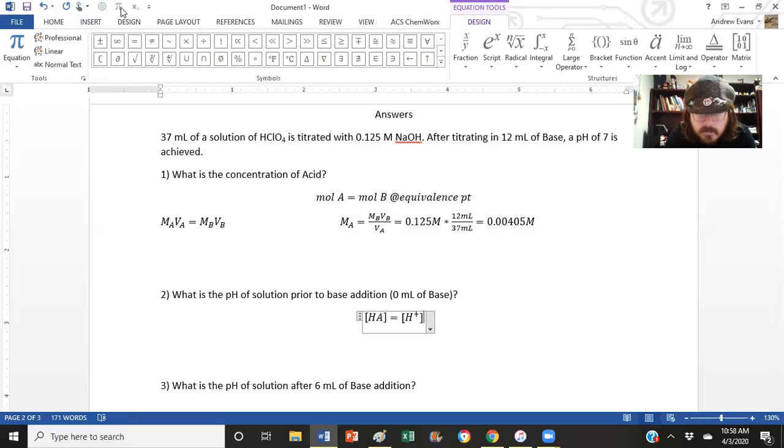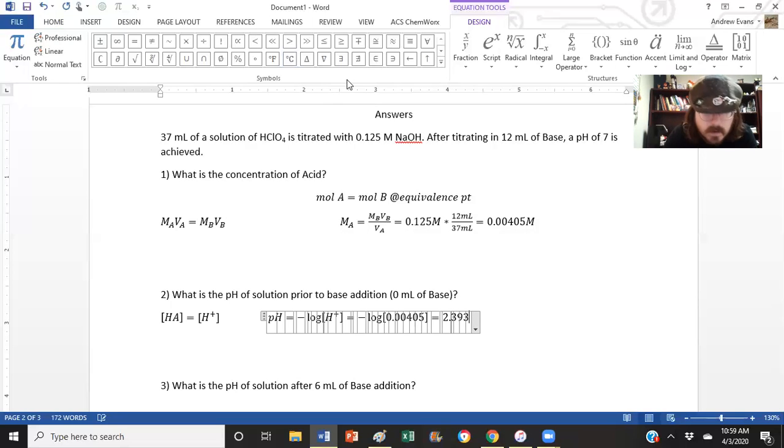So when we calculate our pH, it is equal to the negative log of our H plus, which equals the negative log of 0.00405, which equals 2.393.